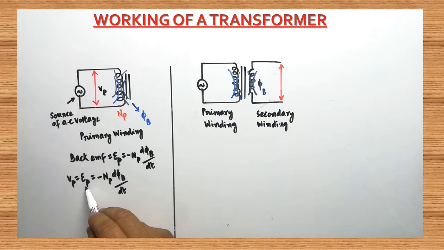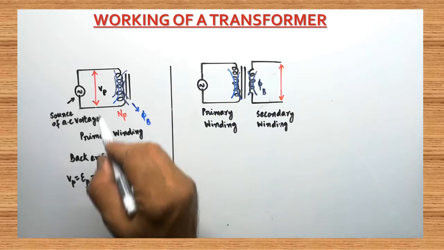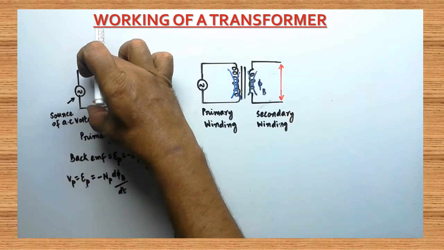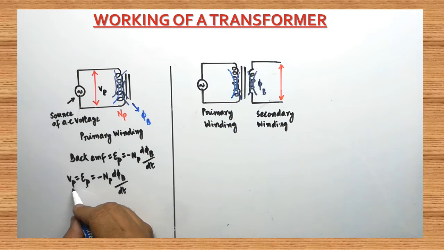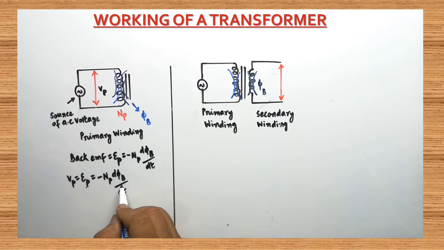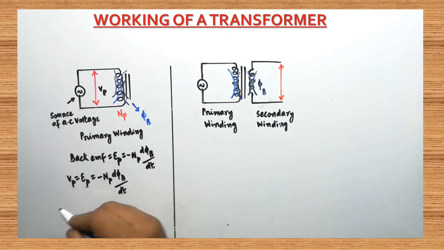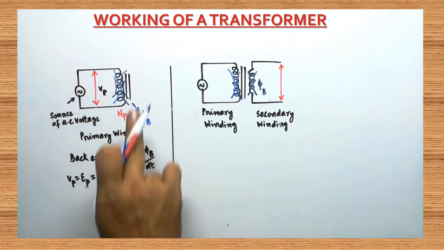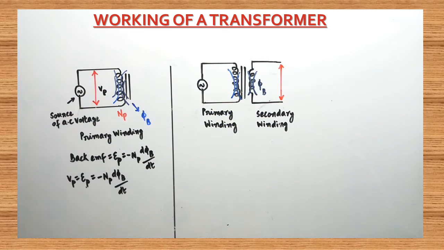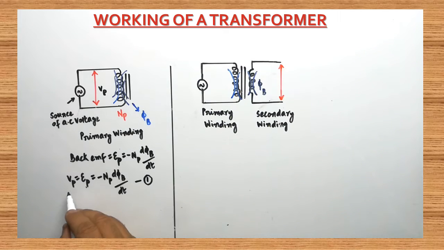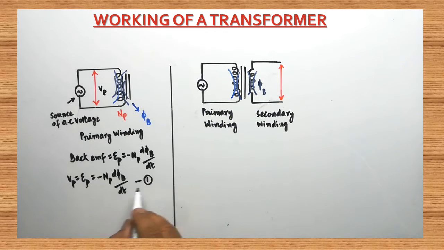The back EMF which is induced in the primary will appear in the form of voltage across the primary, that is equal to minus NP d phi B divided by dt. When the magnetic flux linked with the primary changes, all those things happen. Now I have concentrated only on the primary coil. Are you clear? This equation can be taken as equation 1, the voltage across the primary.